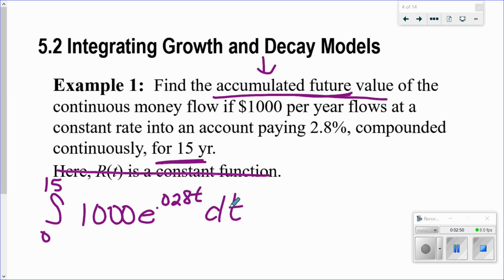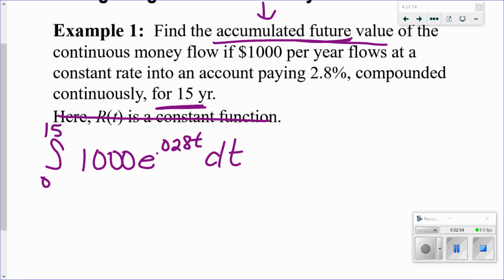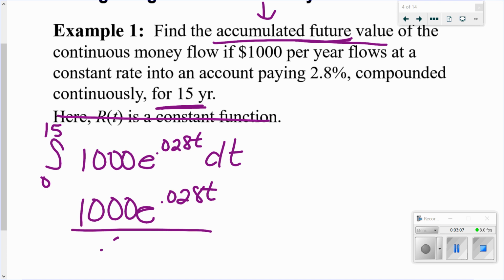So let's go ahead and take that antiderivative. Remember, when you're taking the antiderivative of a function with e in it, it is write the whole thing exactly as it appears, and then divide by the derivative of the exponent. Okay, and then we need to evaluate that at 0 and 15.